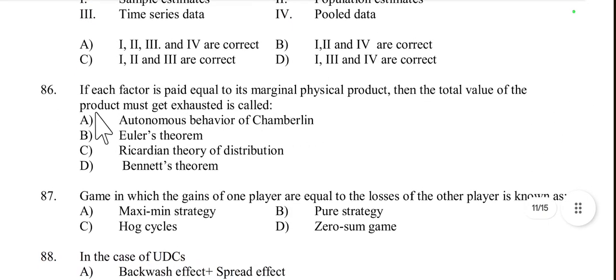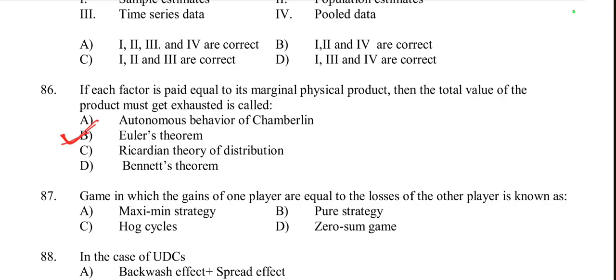Question number 86: if each factor is paid equal to its marginal physical product, MPP, then the total value of the product must get exhausted. This is called Euler's theorem.